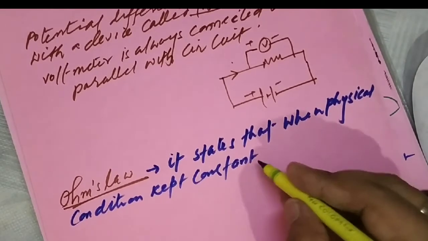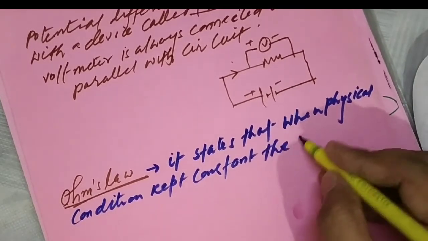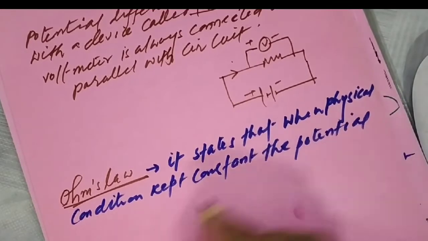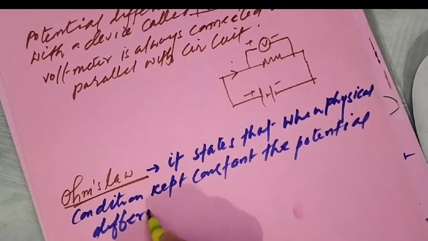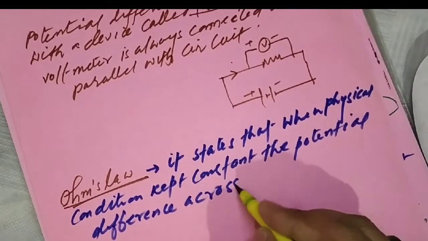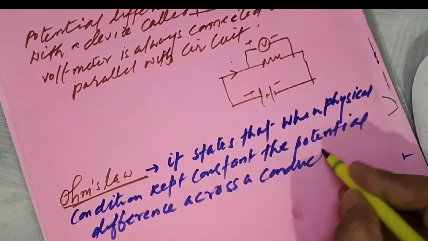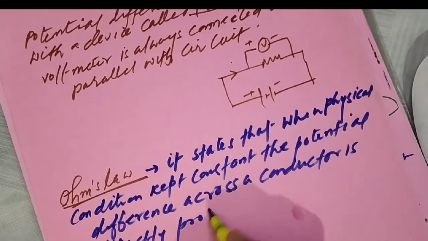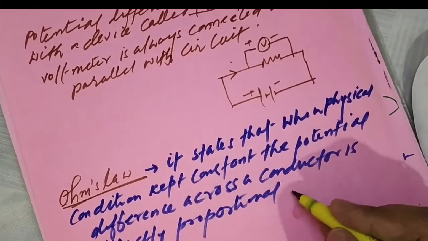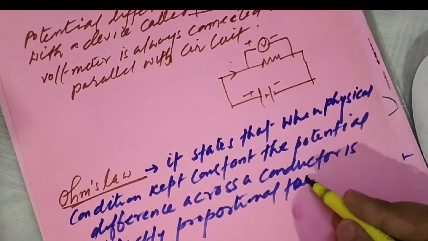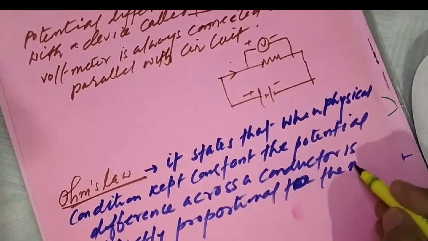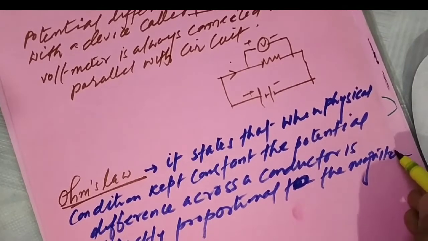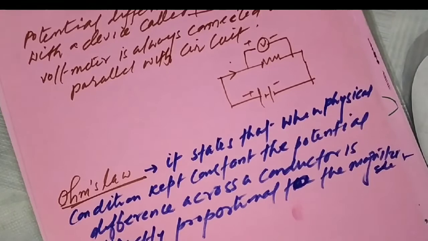the potential difference across a conductor is directly proportional to the magnitude of current flowing.